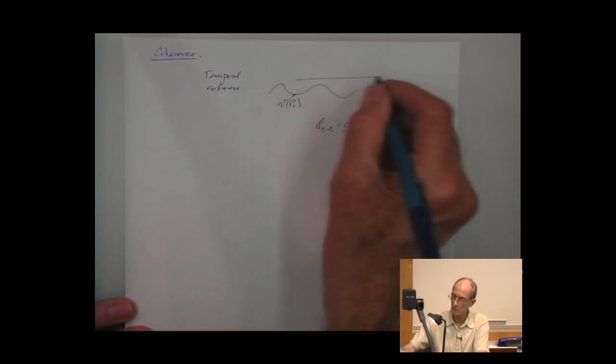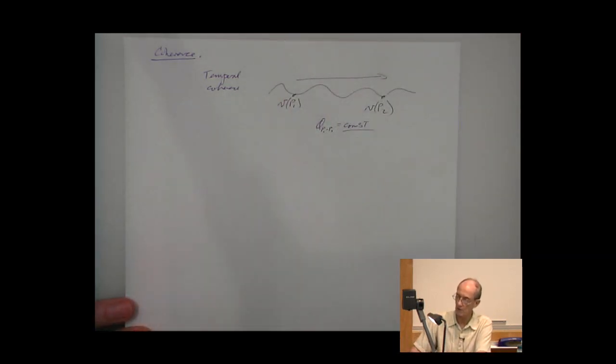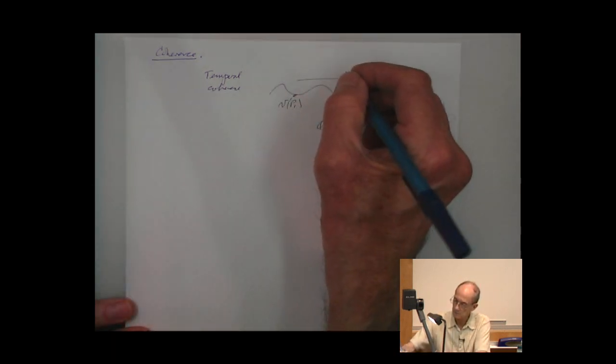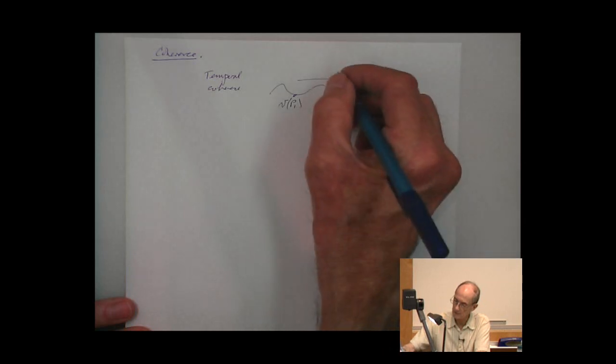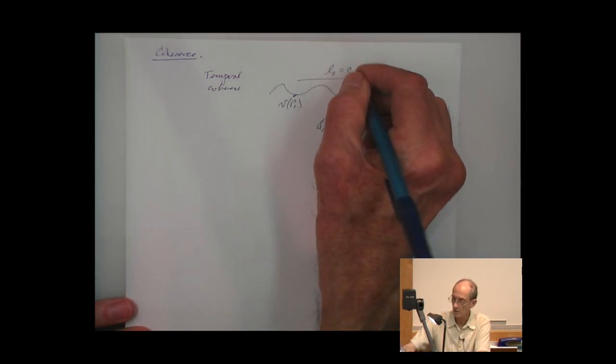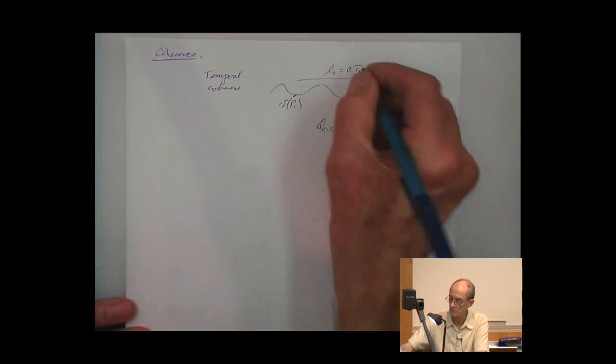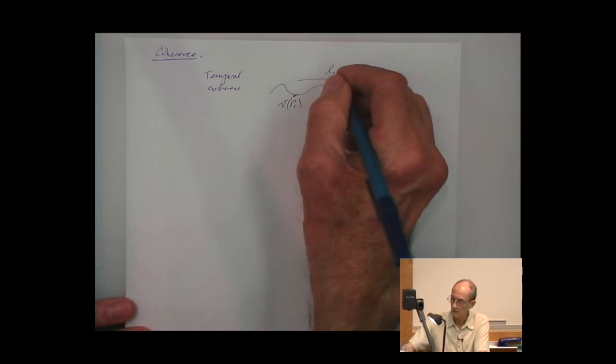The temporal coherence corresponds to a propagation along the direction of the wave propagation. And so we have a coherence length L, which is also related to a coherence time.